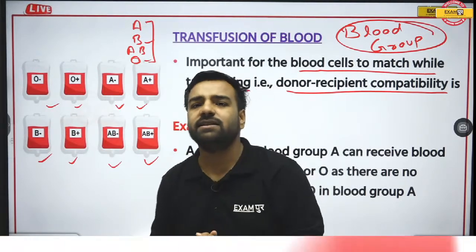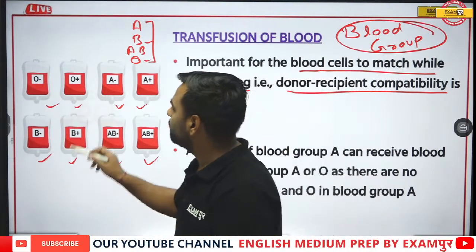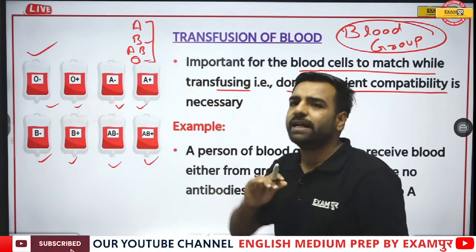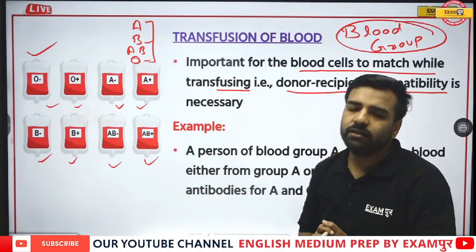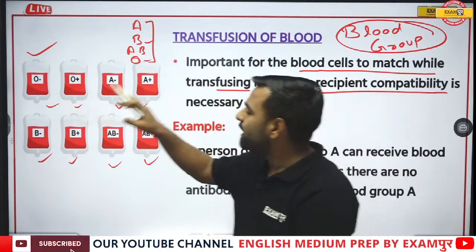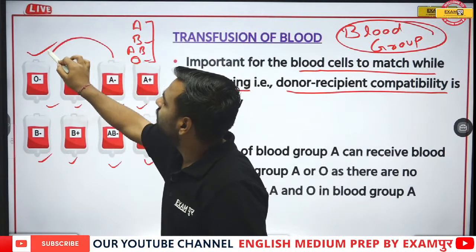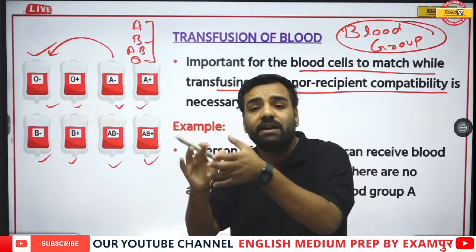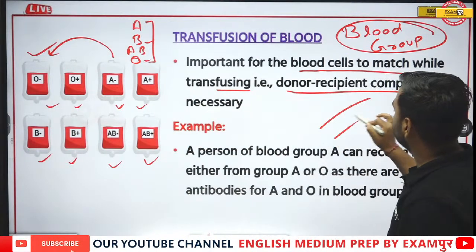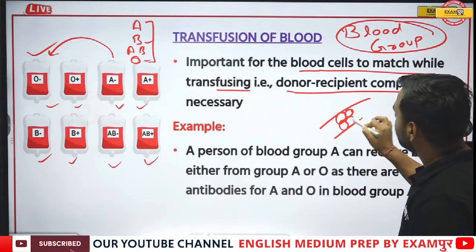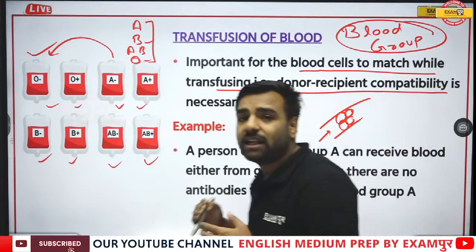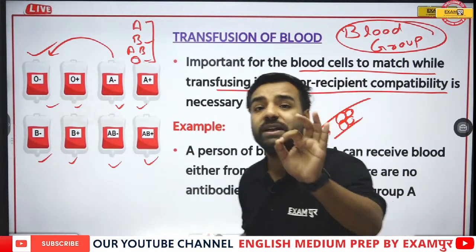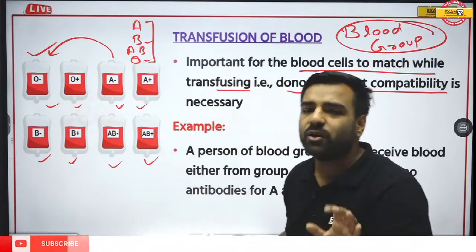The reason behind it is, if a person with blood group, we'll take the example O negative, requires blood and we give that person A negative blood, what will happen? Clots will be made, blood clumping will be done, and because of that clumping, blood will not be allowed to travel. And since circulation will stop, this will lead to instant death. So it is very important to check this.